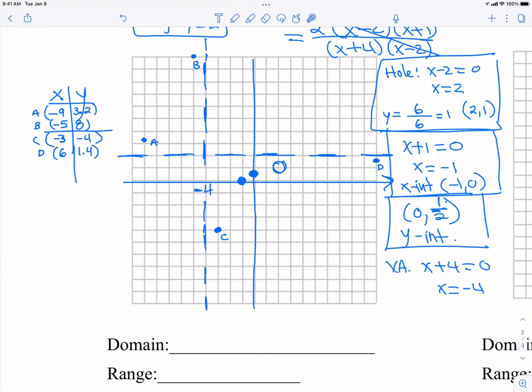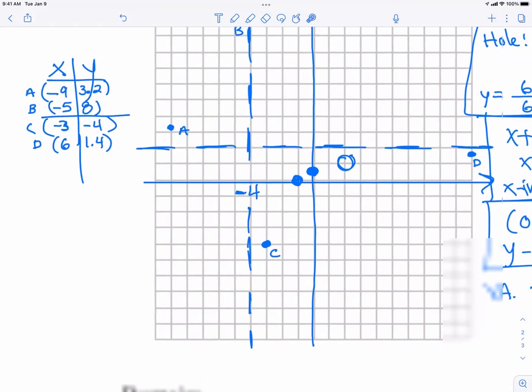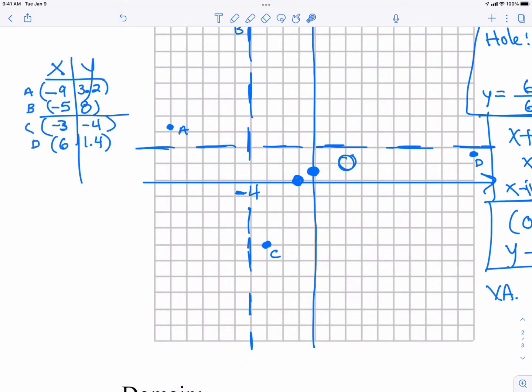Okay, we're back here on the graph, and I just chose these points for my table. I wanted to choose a couple of numbers to the left of negative 4. Negative 4 is the vertical asymptote, so what's happening on the left of that? I chose point A at negative 9 and point B at negative 5, and you see the y values here.